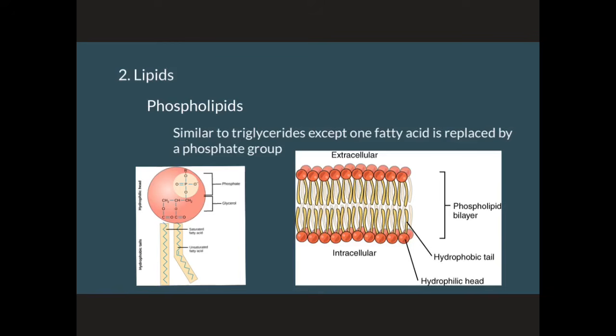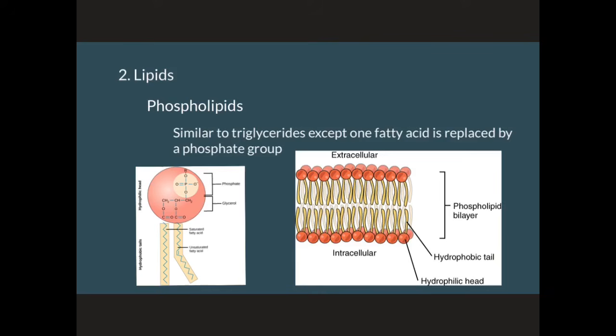This is why in the cell membrane there are 2 layers of phospholipids referred to as the phospholipid bilayer, where the heads face the outside and inside of the cell because they are hydrophilic or water-loving, and the tails face each other as they are hydrophobic or water-fearing.